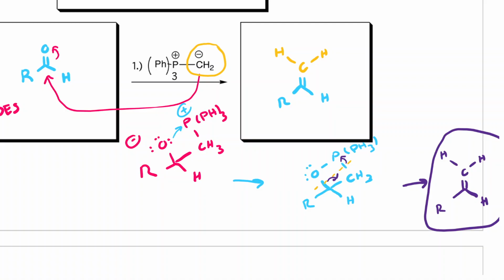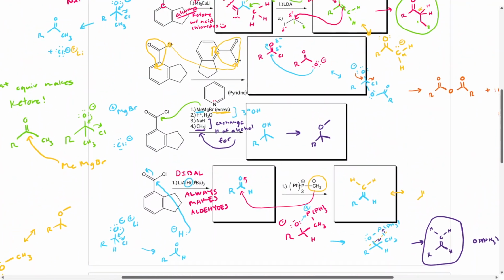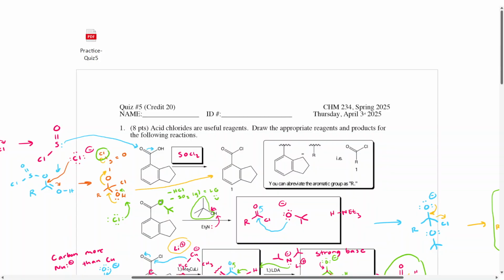And I get the right answer. And this can be drawn like this. Oops, it can be drawn like this. And we just haven't explicitly drawn the hydrogens. So that's how you do the first page.